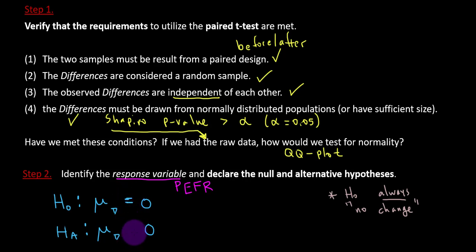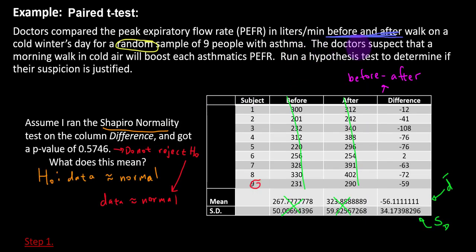Let's go see if we need a directional or a non-directional hypothesis. I'm going to scroll up a bit. The doctors suspect that the morning walk in the cold air will boost each asthmatic's peak expiratory flow rate. Okay, so we've got the befores and we've got the afters.